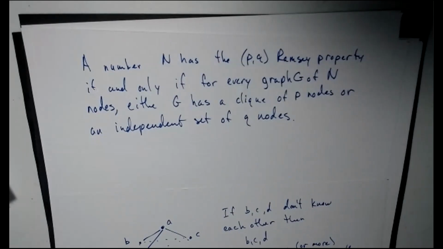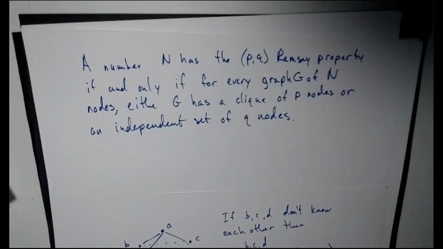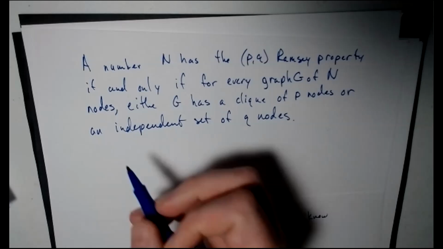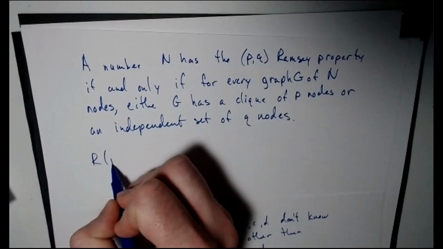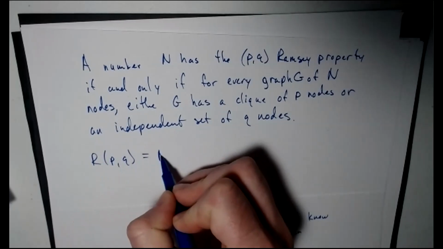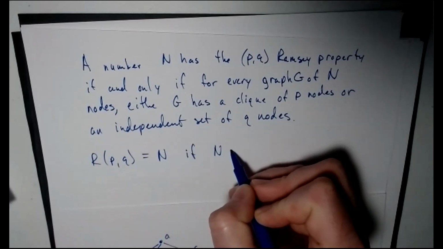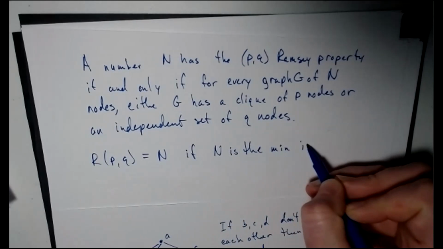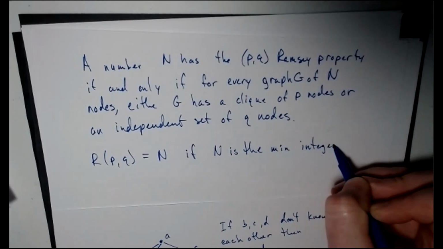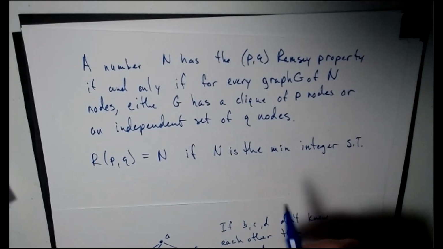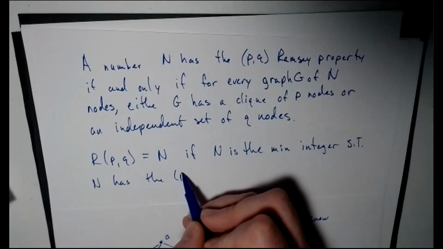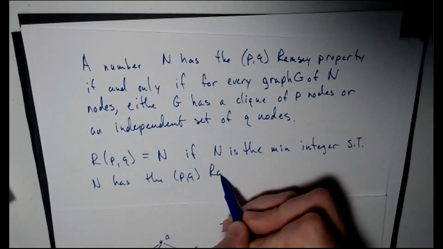And in that case, we say R(P,Q) equals n if n is the minimum integer such that n has the PQ Ramsey property.